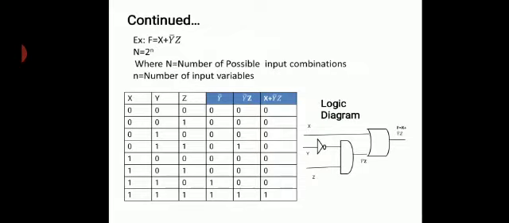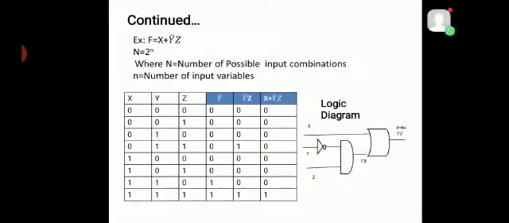Example: f equals x plus y bar z. The number of rows is 2 to the power of n, where n is the number of input variables, giving the number of possible input combinations. The truth table below shows there are three variables x, y, z.